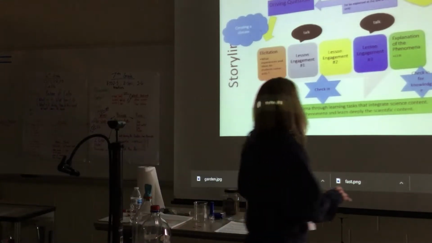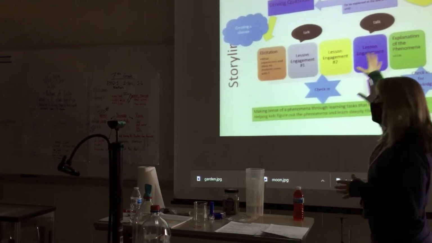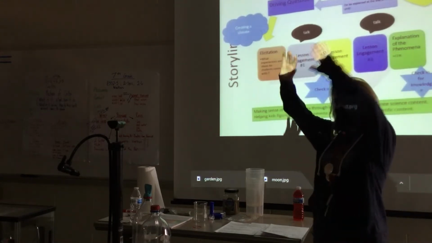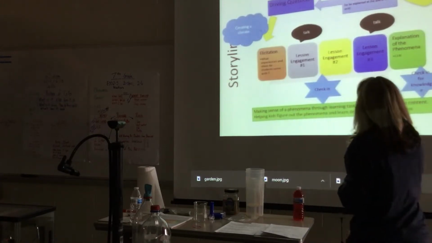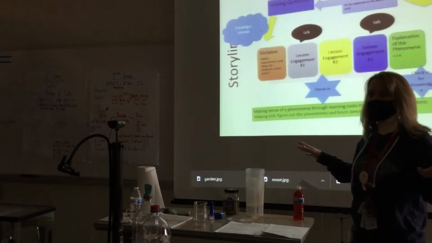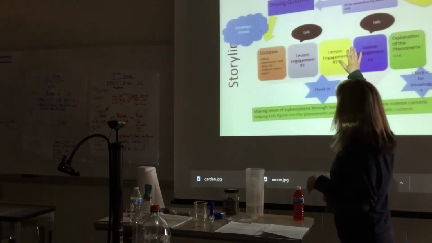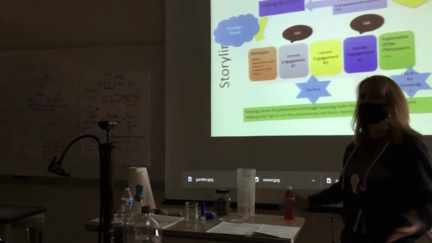But basically what you're doing when you do a science storyline is you are using an anchoring phenomenon, an overall anchoring phenomenon. It's going to be like your big idea. And you tell the kids nothing about it. They have no information. You present this phenomenon to them and they come up with questions.